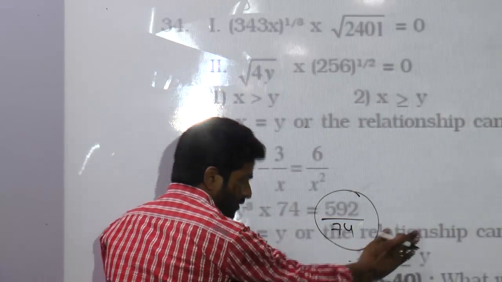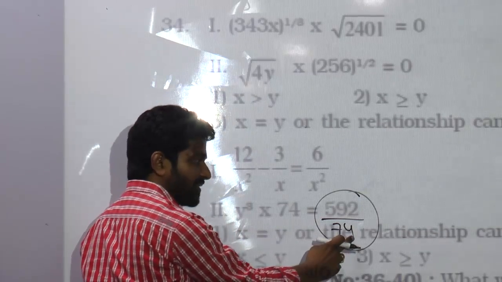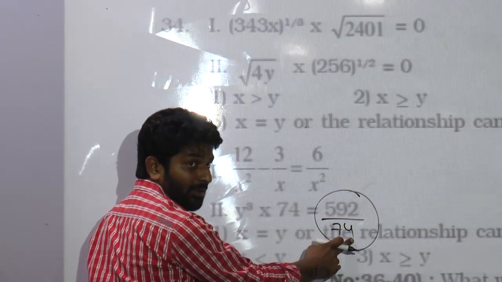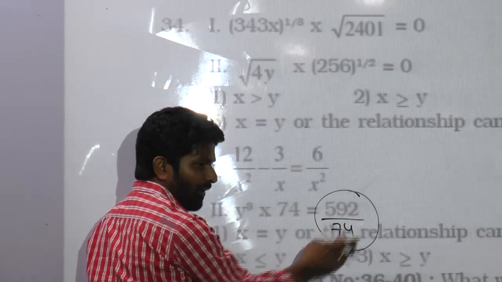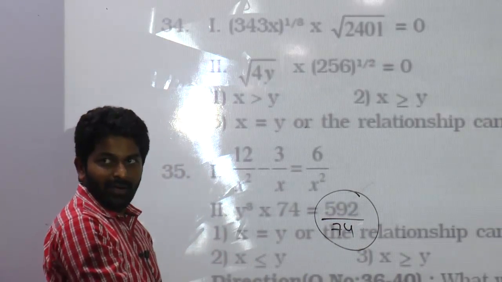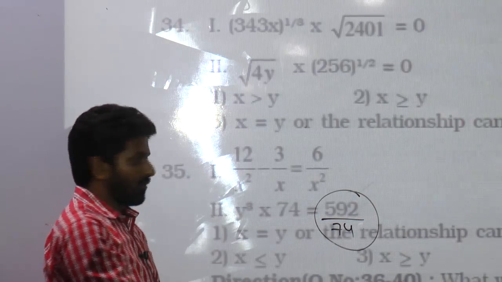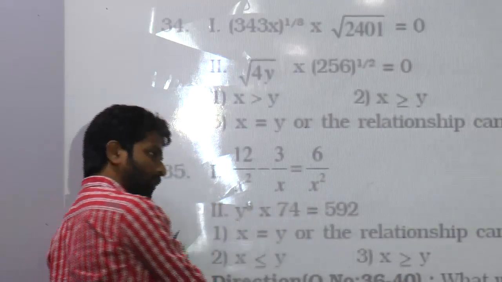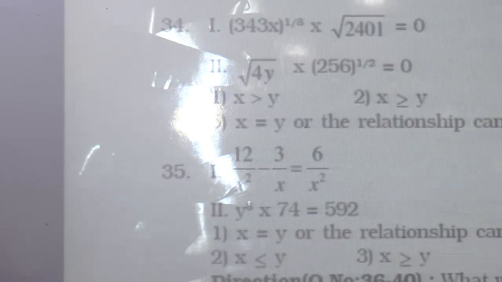If you are not sure, just go for last digit verification. 4 8s, 32. Last digit 2. Verified. So this is 8. Y cube is equal to 8. Y is equal to 2. What is x value? 2. Plus or minus or only positive? Only positive. X and y both are the same. See, 592 by 74 value is less than 10, should be a cube value, obviously 8.